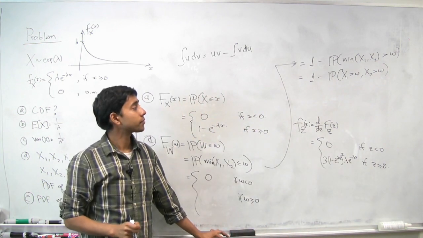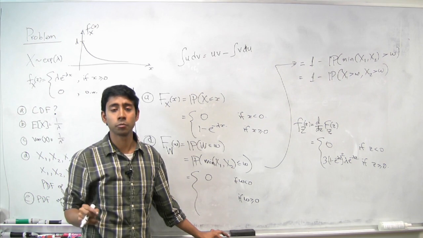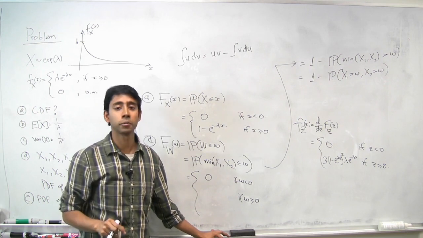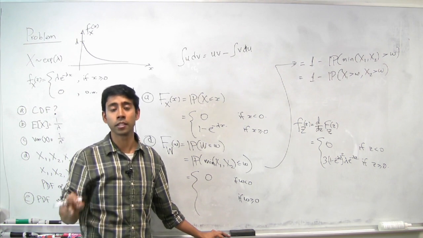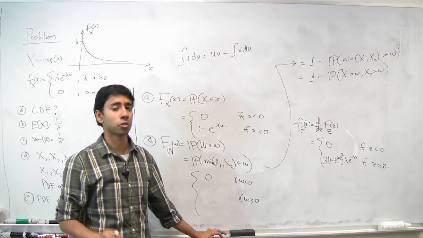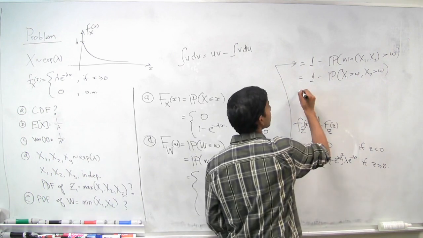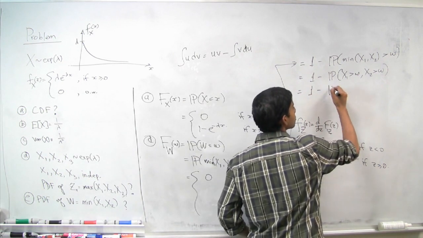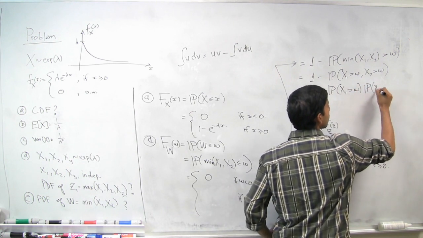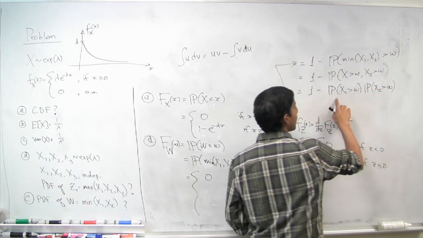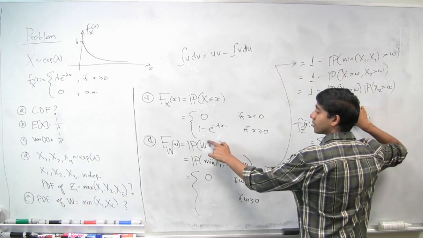If the min of x1 and x2 is greater than w, then clearly x1 is bigger than w and x2 is bigger than w. And if x1 and x2 are individually bigger than w, then clearly the min's also bigger than w. So this works, and now we can use independence as before. And this is just 1 minus the CDF here.